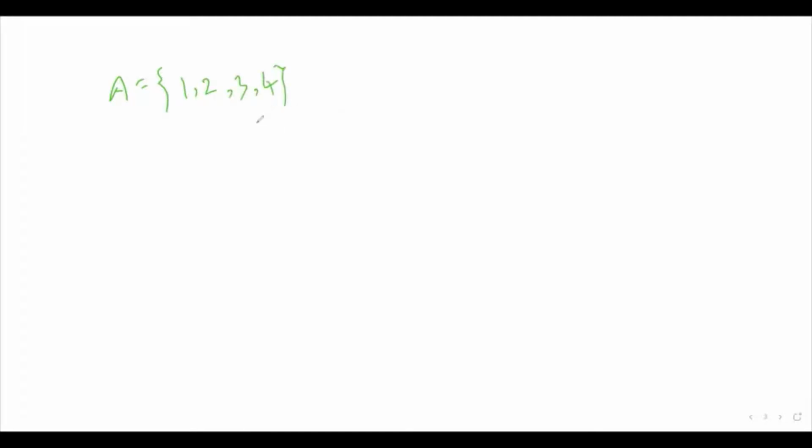Instead of writing it this way, you can just draw a circle and scatter all those numbers inside the circle and call it set A, right? As simple as that. But sometimes these sets overlap, right? They have something in common.